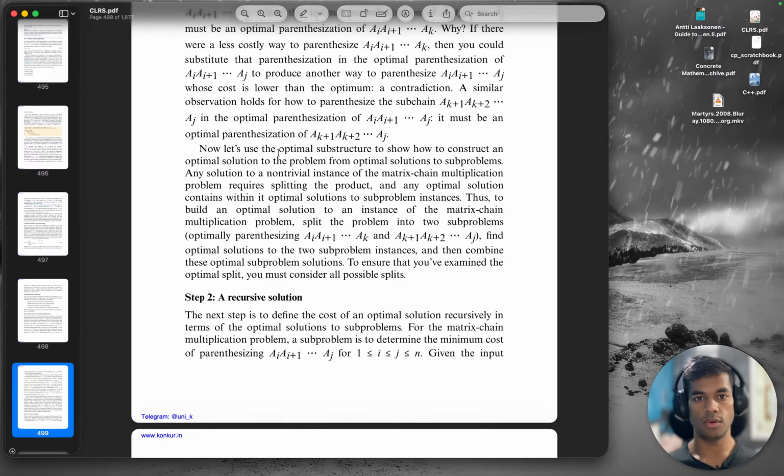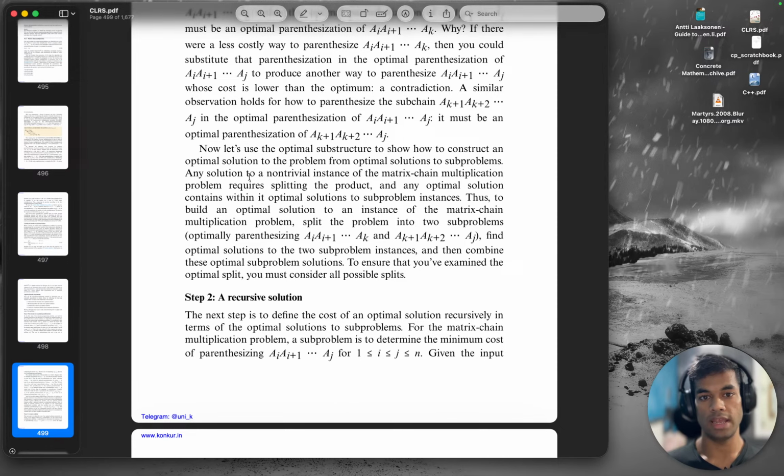Now let's use the optimal substructure to show how to construct an optimal solution to the problem from optimal solutions to subproblems. How do we construct an optimal solution to a problem when we have optimal solutions to subproblems?